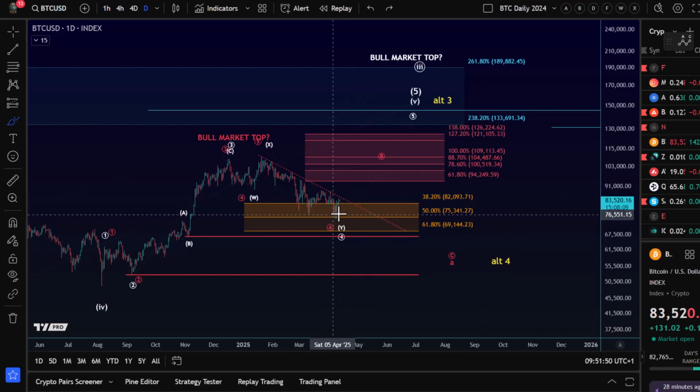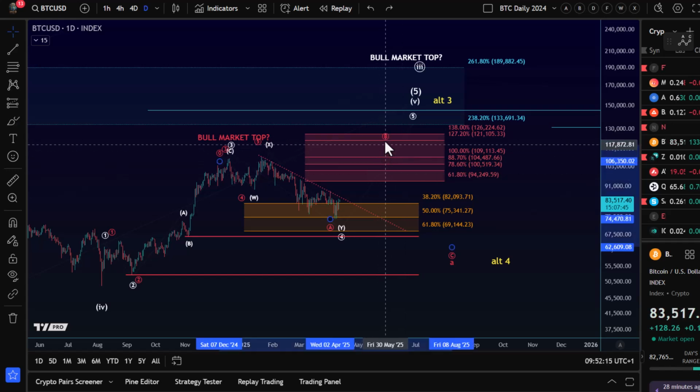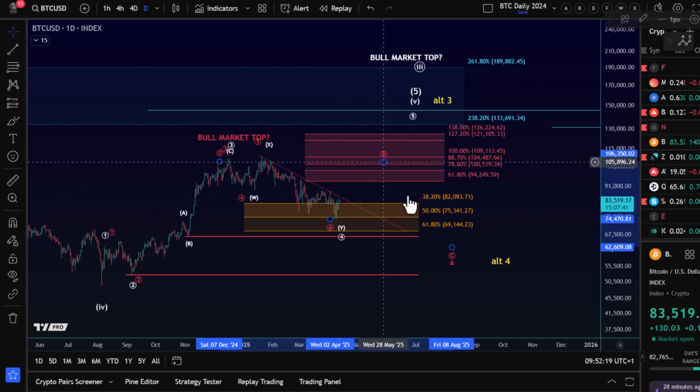On the smaller time frame, the main focus is on whether we have actually formed a local low and whether the 7th of April low is really a low that the market can now use to rally higher in the B wave towards that resistance area. So I specifically added that resistance area to the chart to give you an idea of where things could be going. It is a large resistance area, but that's the problem with B waves. B waves are chameleon-like structures. They can also be very, very aggressive.